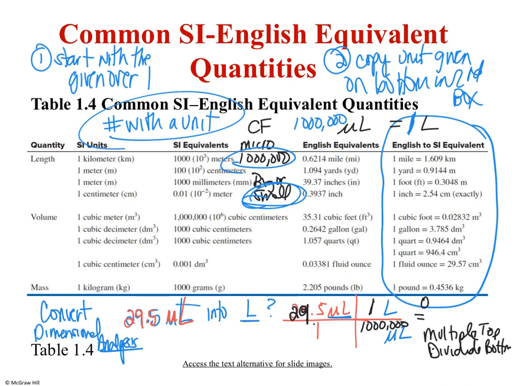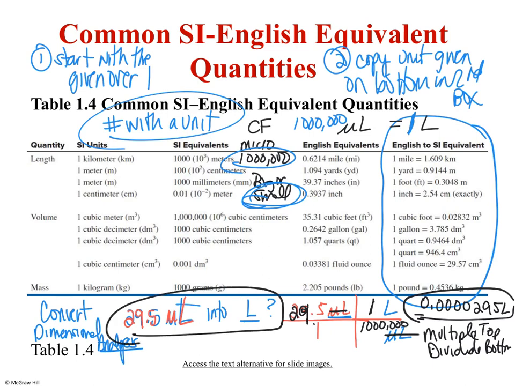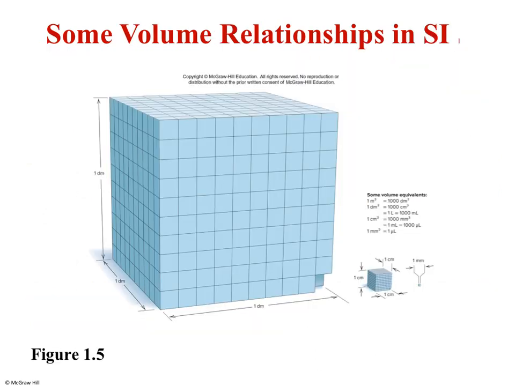And that gives you 0.0000295. You see these units cancel each other out, so that's liters. I will teach you how to convert that into scientific notation and also how many significant figures there are in that problem. So we're going to work towards that, but you see how you need to start practicing converting these SI units into other SI units.